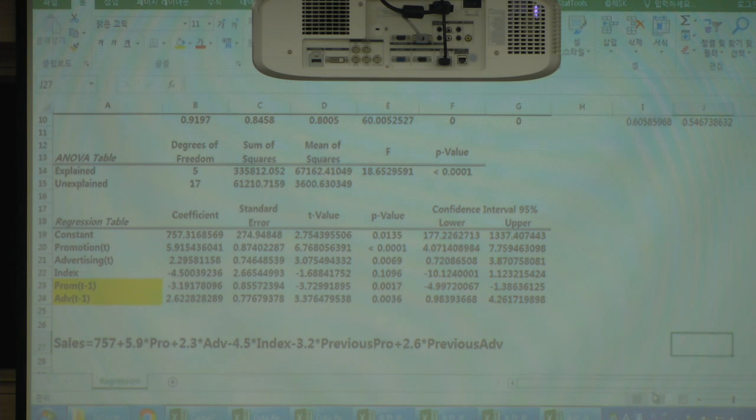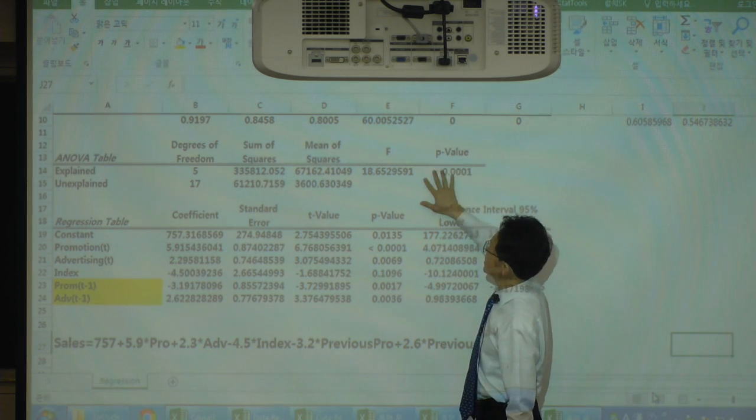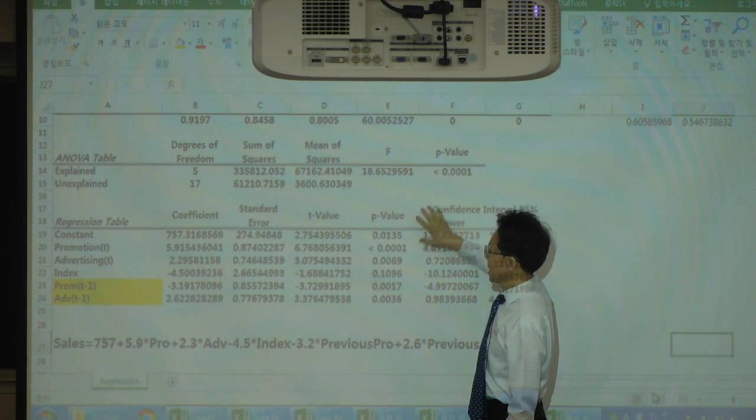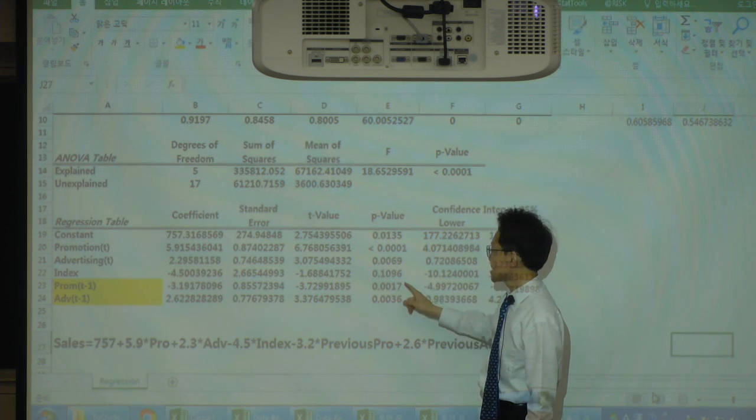Okay, very good. So now we see the regression model is great. And when I look at p-values for the independent variables, they all look much better, except for this index.